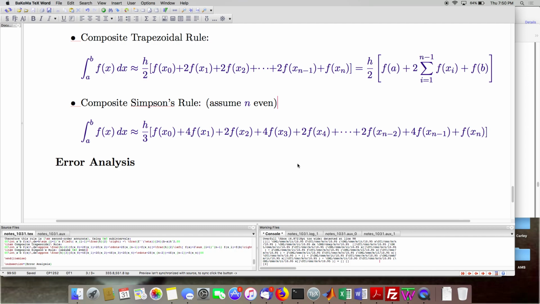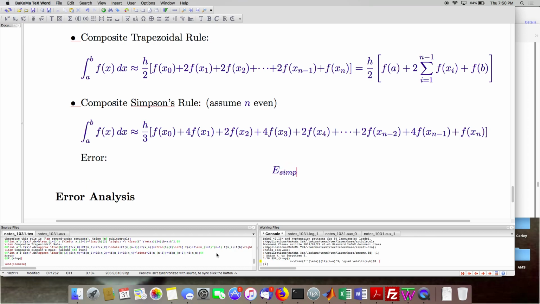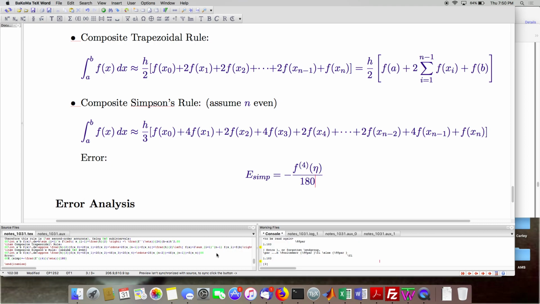And then the error is minus the fourth derivative over 180 times (b minus a) times h to the fourth.